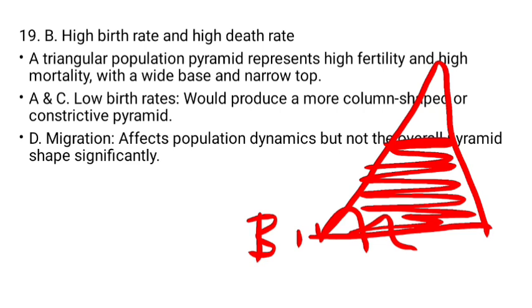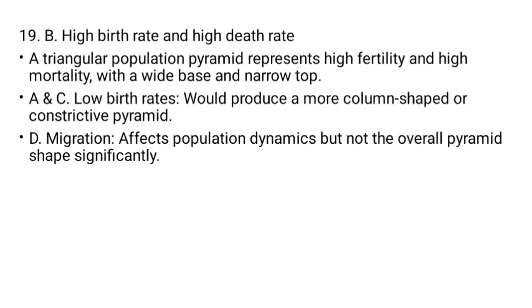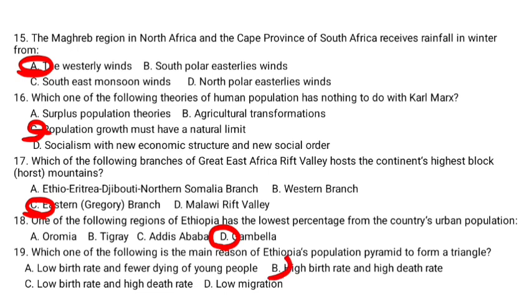With this diagram, here is birth, okay, while here is death. So there is large death. The pyramid indicates this. Choices A and C would produce a more column-shaped or constrictive pyramid, while D, migration, affects population dynamics but not the overall pyramid shape significantly. B is the correct answer for question number 19.